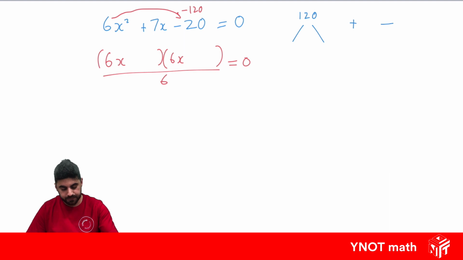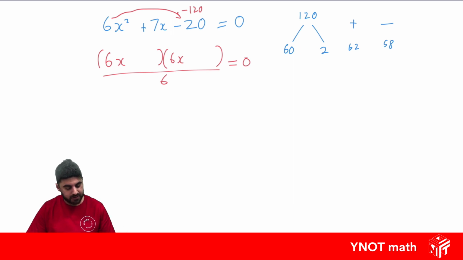Let's pick 60 and 2. Add up the numbers to get 62, find the difference, 58, and if either one of those is the number we're looking for over here when they add up or subtract, we know we've got the right two numbers. So this doesn't give us 7, so we need two more factors.